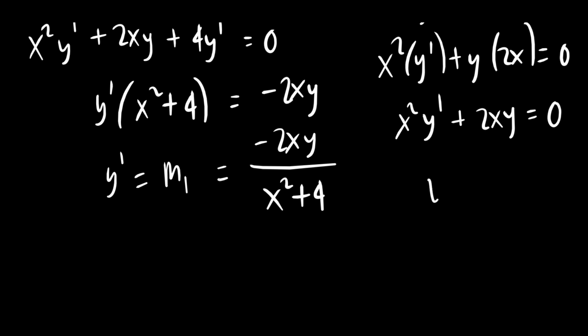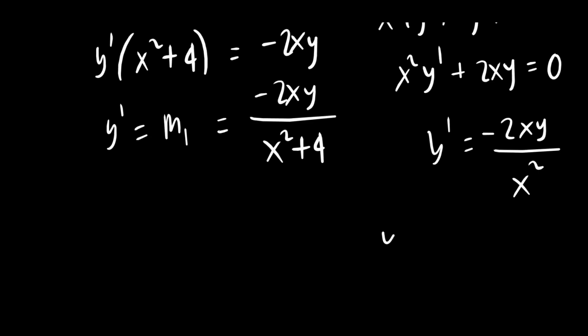So we'll have y prime is equal to negative 2xy all over x squared. So y prime, m2, is equal to negative 2y all over x, right? So this is our value for m1 and m2.